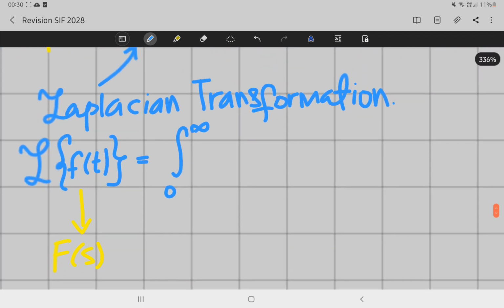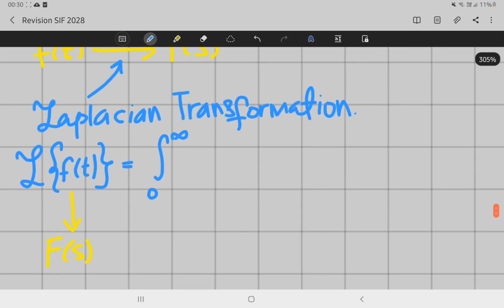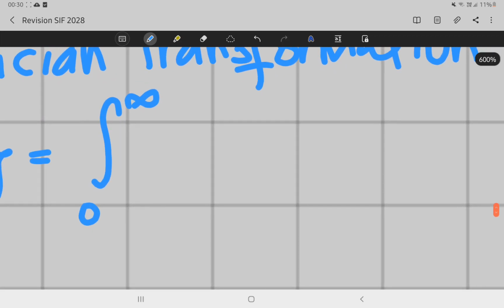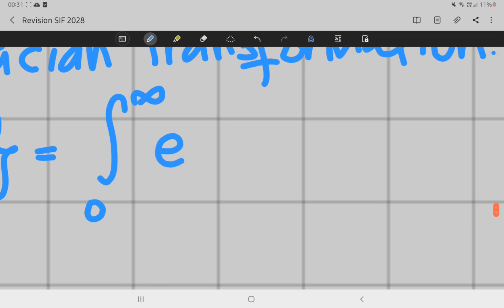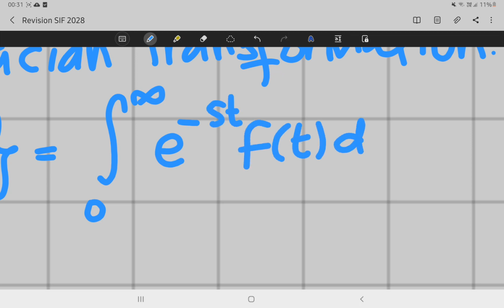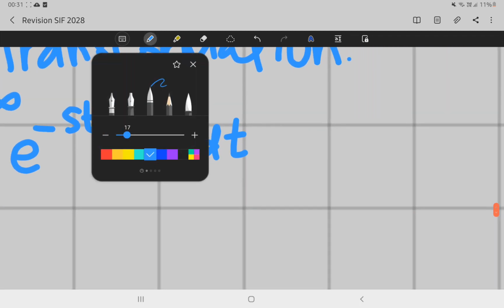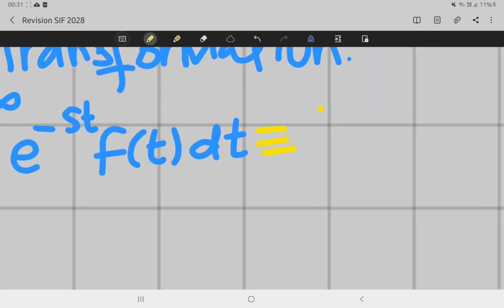This is the difference between the Laplace transform and Fourier transform. So e to the minus st, f of t dt, and we will get F of s as required.